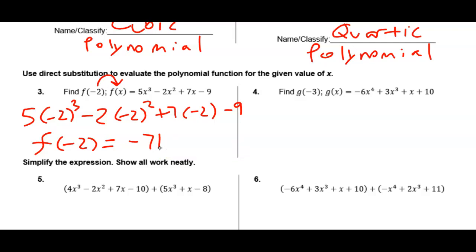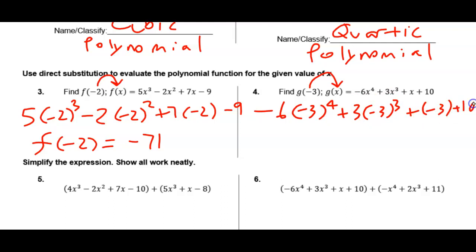All right. And then, again, we're plugging -3 anywhere we see x. So -6, -3 to the 4th power, plus 3, -3 to the 3rd power, plus -3 plus 10.